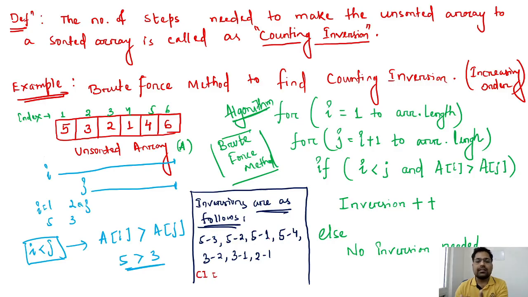Better you write it this way: 2 3 could be converted, 5 2 could be converted, 5 1 could be converted, 5 4 could be converted, 3 2 could be converted. Like this you count it: 1 2 3 4 5 6 7. So the counting inversion is 7, which means 7 steps are needed to make this unsorted array a sorted array.